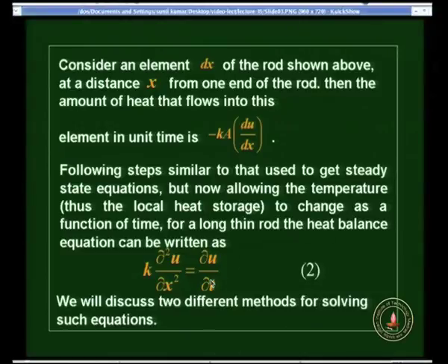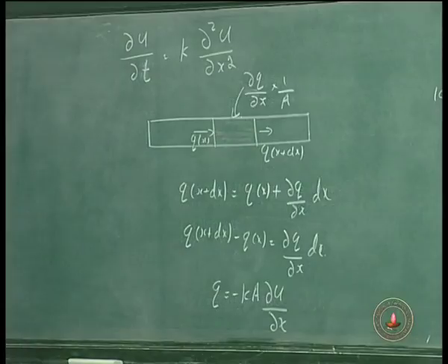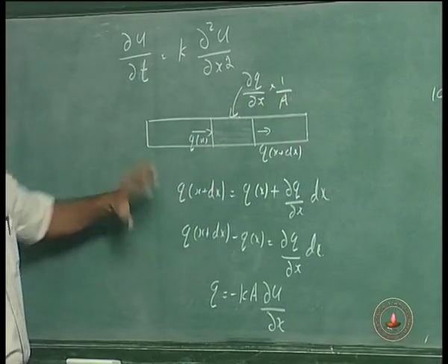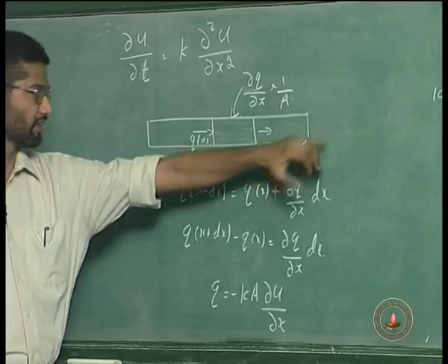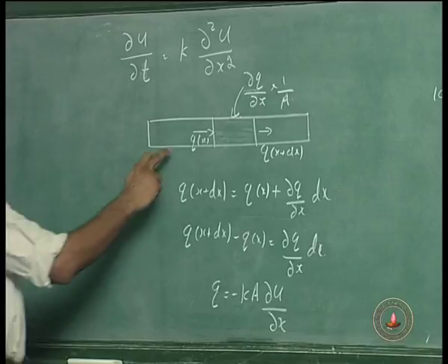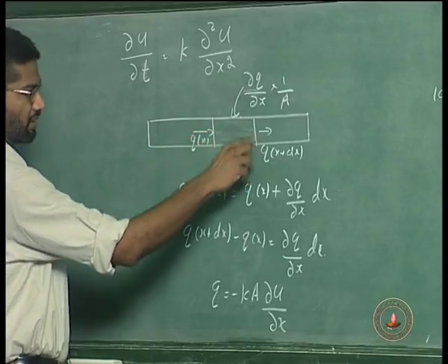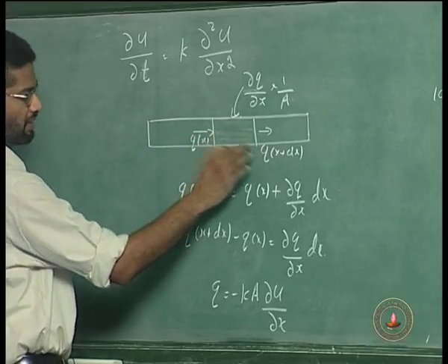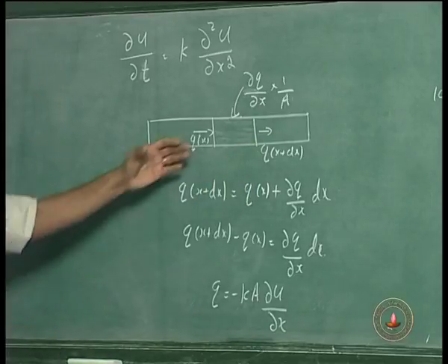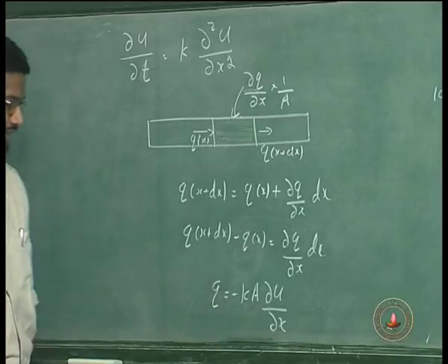So that is one case where you get this equation: take a long thin rod, insulated on the sides. Heat comes in here and goes out there, and across the cross section we assume the temperature to be uniform. If we take an element of length dx, what comes in is Qx and what goes out is Qx plus delta x, so the retained heat is del Q by del x into dx.